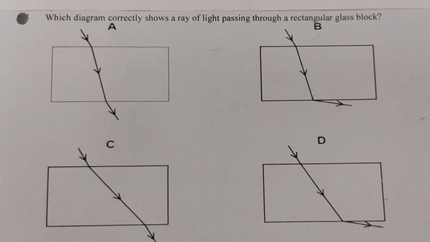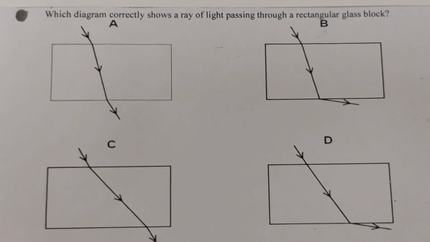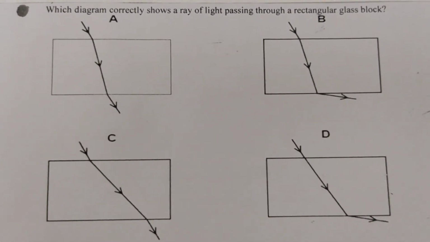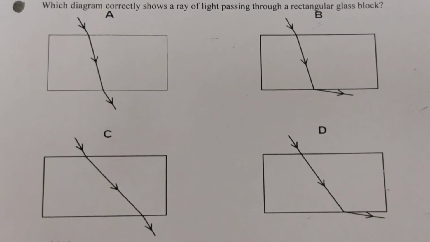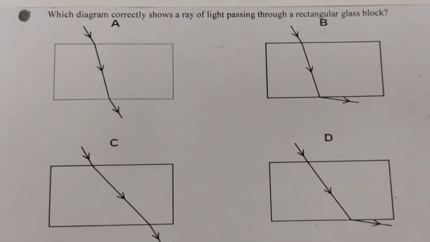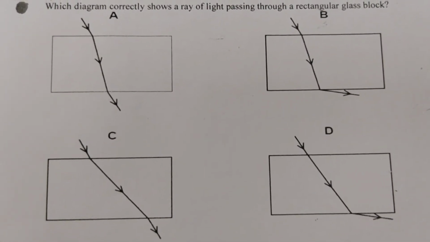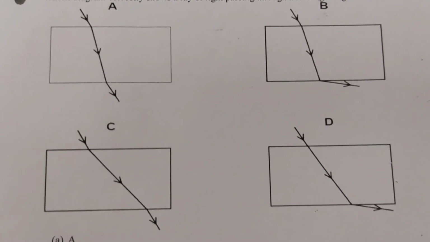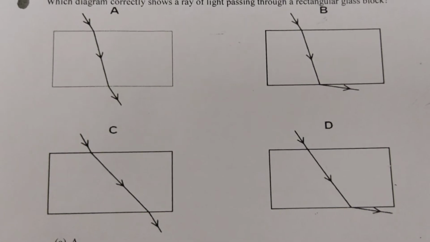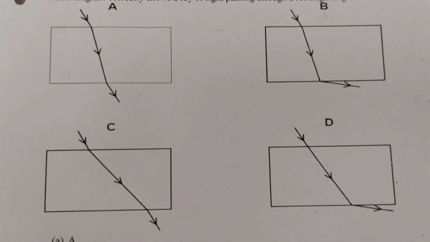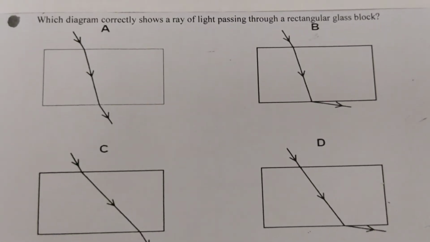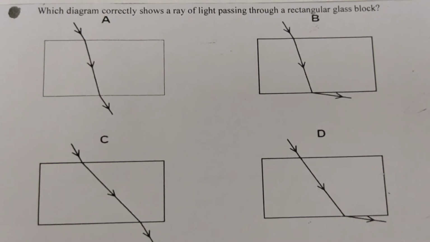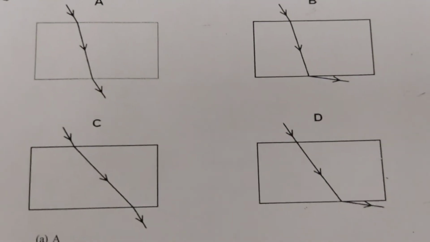Now, the next MCQ is, which diagram correctly shows a ray of light passing through a rectangular glass block? Now, in the four figures, we have rectangular glass blocks. And we have an incident ray which is lying in the upper region. It enters into the block. We know that as it is a glass block, the ray should bend towards the normal.